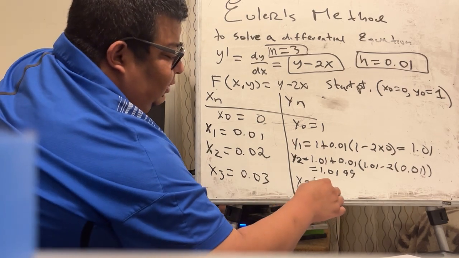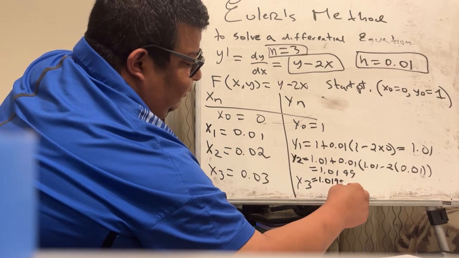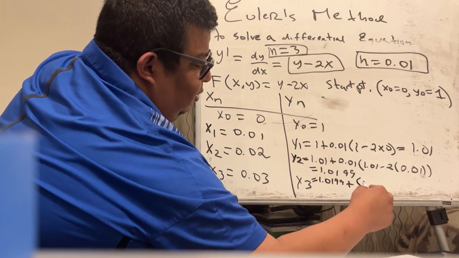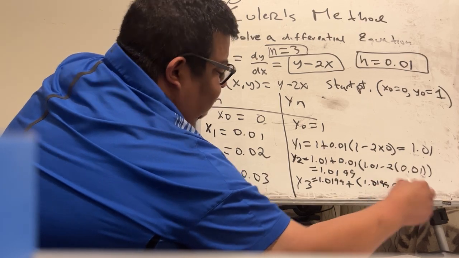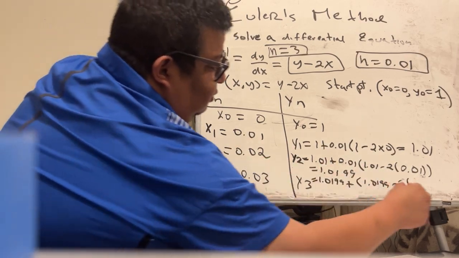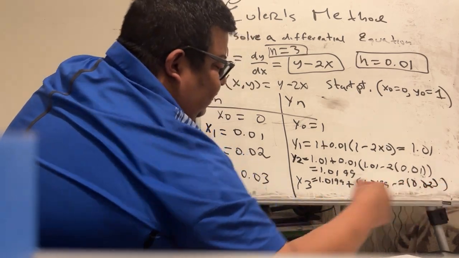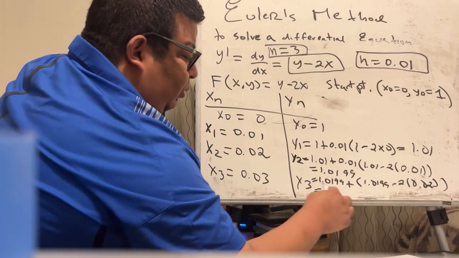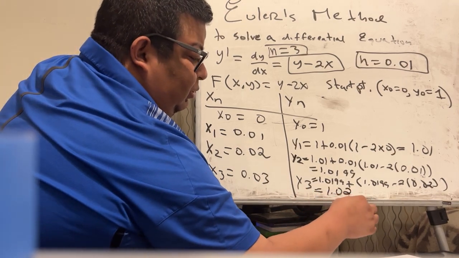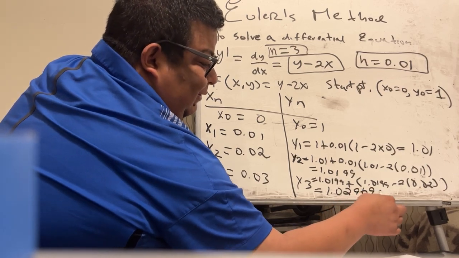Okay, so y3 is going to be equal to your previous, which is 1.0199, plus 0.01 times 1.0199 minus 2 times your previous x, which is 0.02, and that's going to give you the final answer, which is 1.029699.